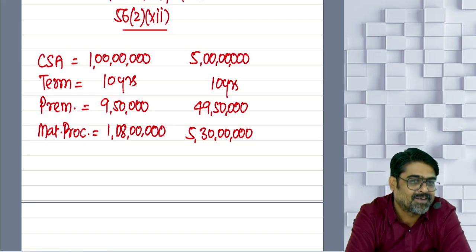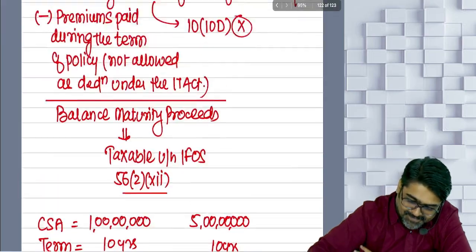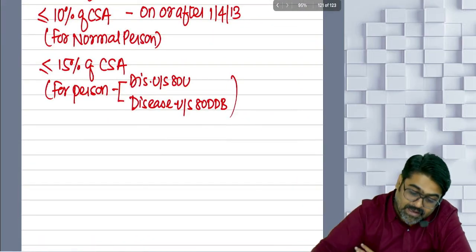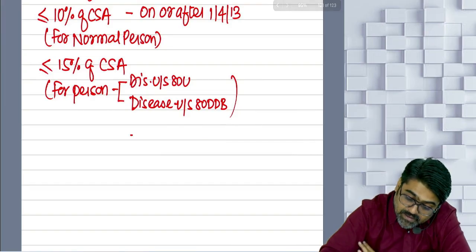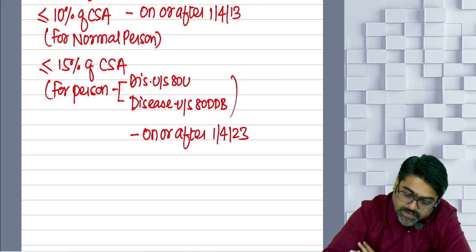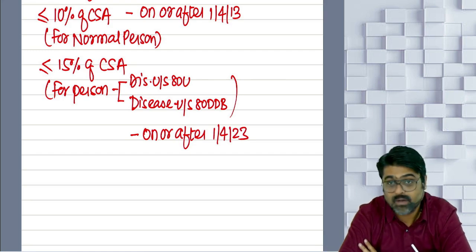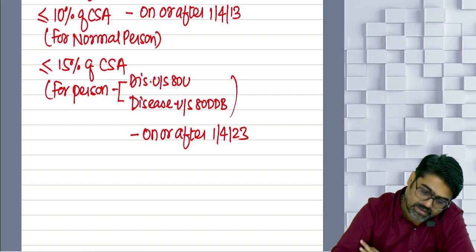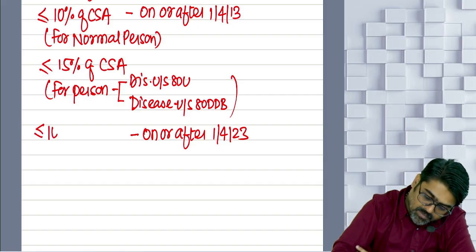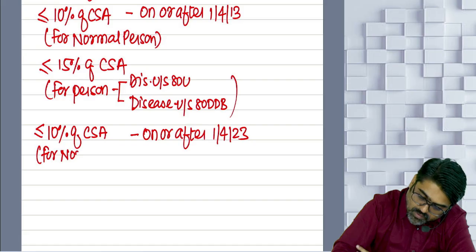So in the year 2023, one more amendment came. Any policy which is issued on or after 1st April 2023: on that policy, maximum premium should not be more than 10% of capital sum assured for normal persons.